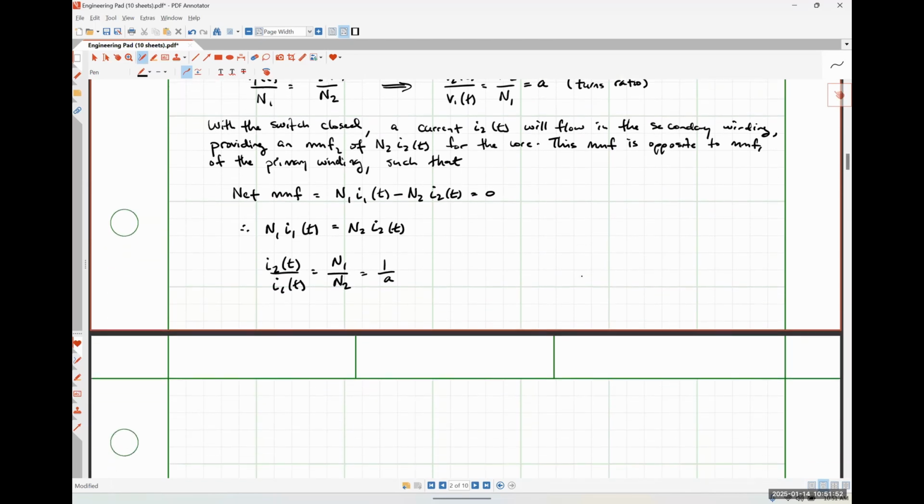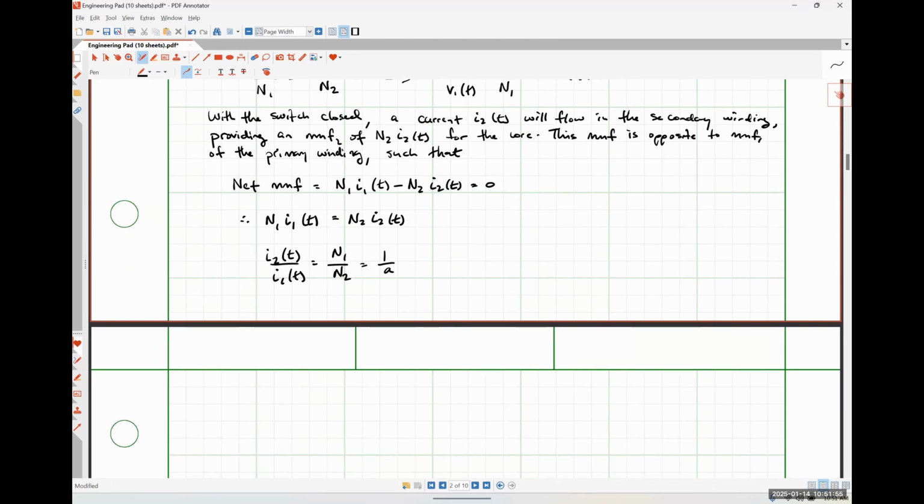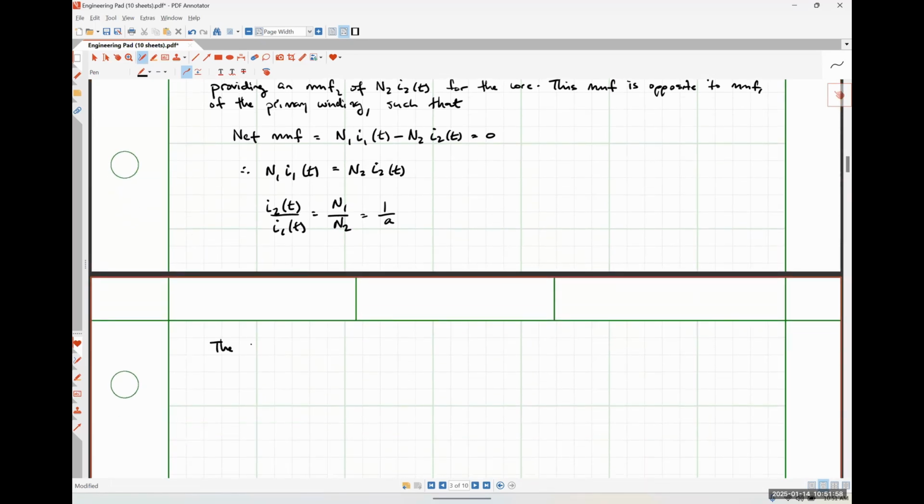Lastly here, dealing with specifically an ideal transformer, the instantaneous power absorbed by the primary winding, I'm going to call this P1 of t, is simply V1 times I1.